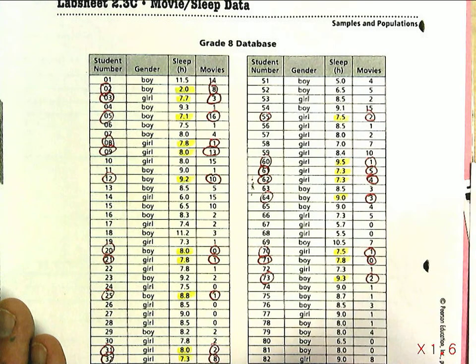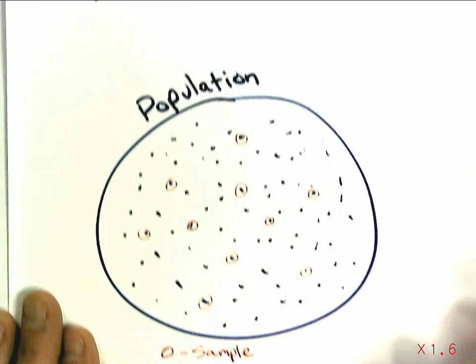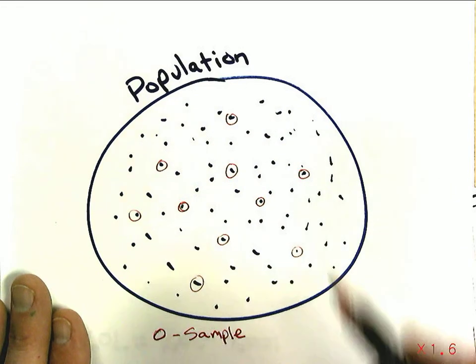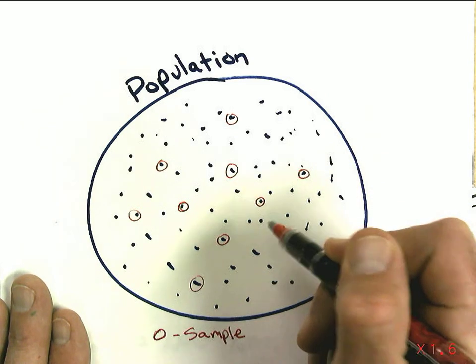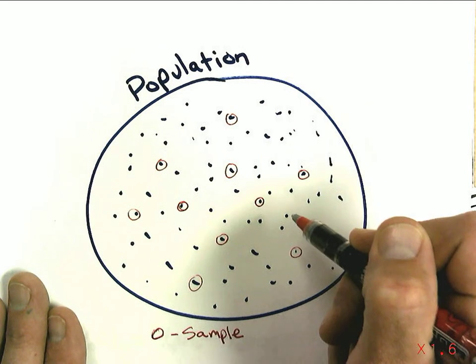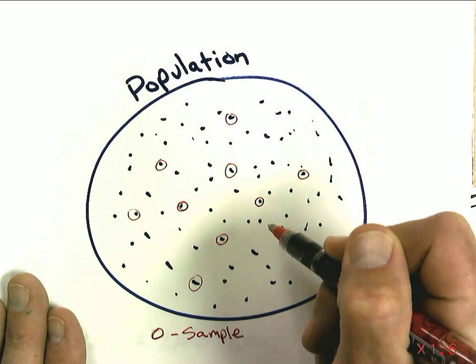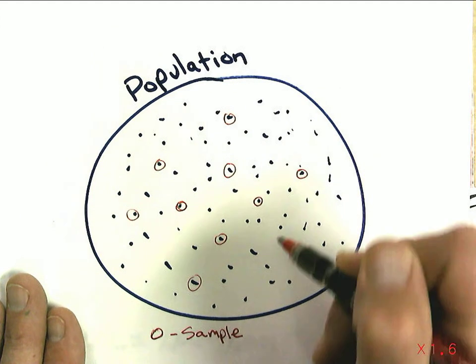And really, going back to the very beginning of this investigation, because we're coming to the end of it, the idea is: when I have a population, the entire group, how do I get information from a small group called a sample that gives me a representative result for the entire population that I could use to predict what the entire population does?